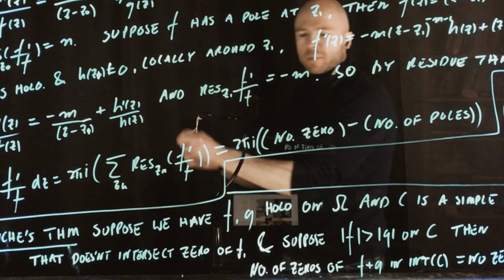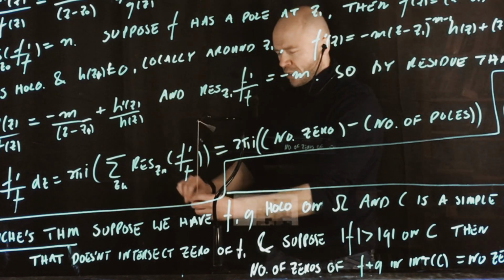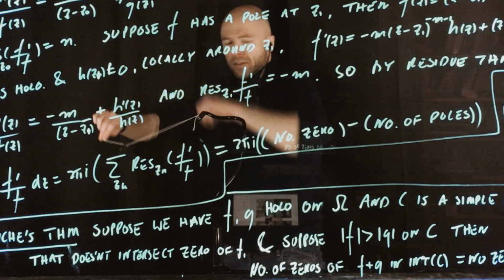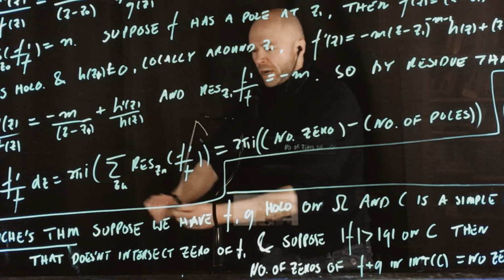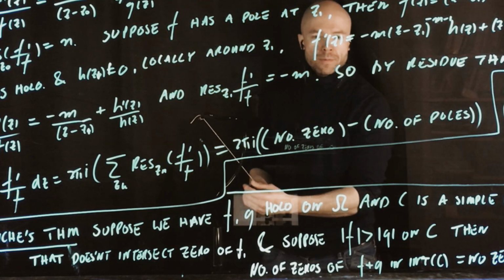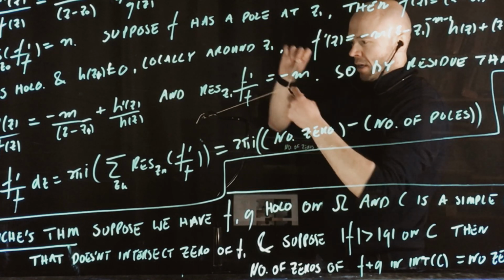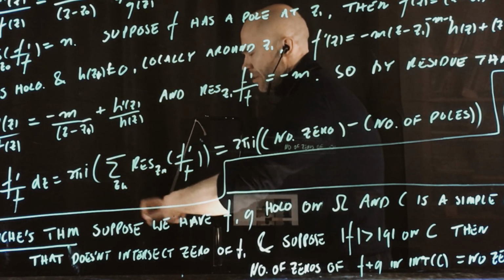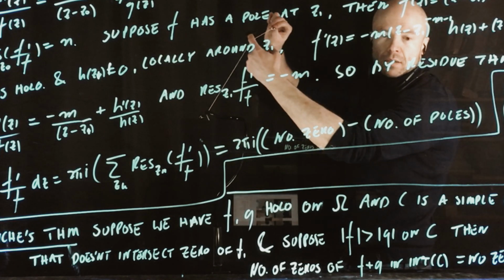No matter how crazy G wants to be, if F decides it wants to wrap around twice, then F plus G must wrap around twice as well. Do you see what I mean? If we start here, no matter how much G resists, it's forced to wrap around as well.